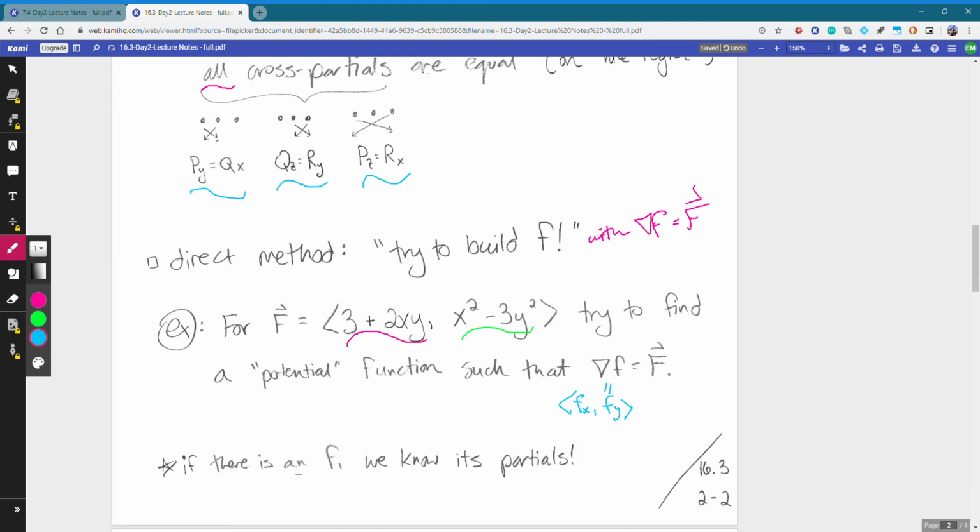Right? So if there is such a function little f, well then we know exactly what its 2 partial derivatives are. And we can kind of one at a time look to use this information and try and back up and see what our function f would have to look like.